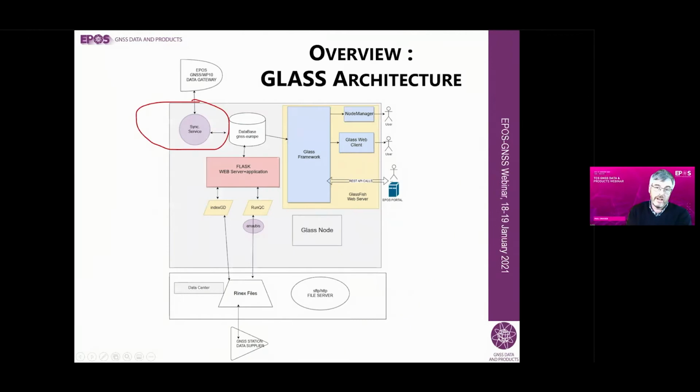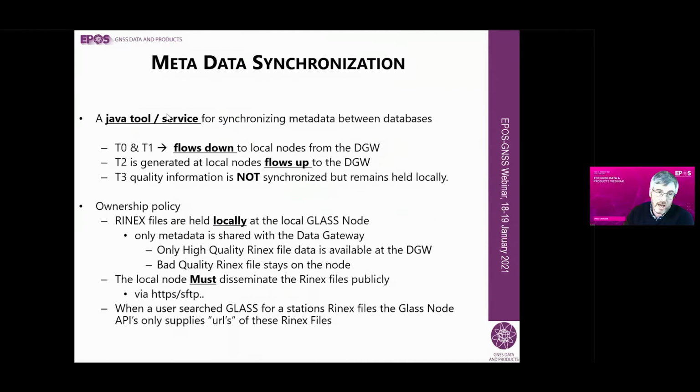Finally, the synchronization service. This is a simple Java tool for synchronizing metadata between databases. So the node topology and station metadata in the EPOS system will flow down to the local nodes from the data gateway, whereas the RINEX file metadata generated at local nodes will flow up to the data gateway.